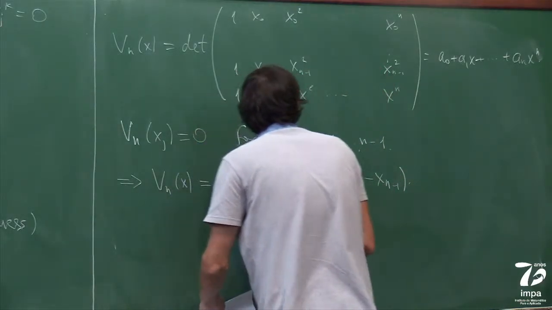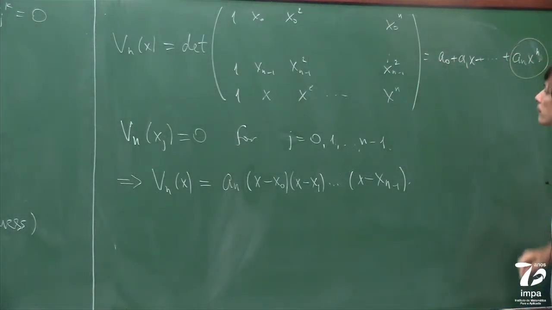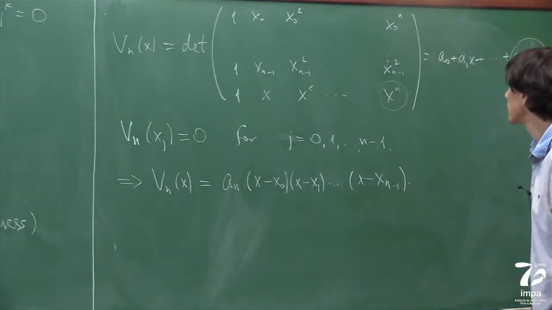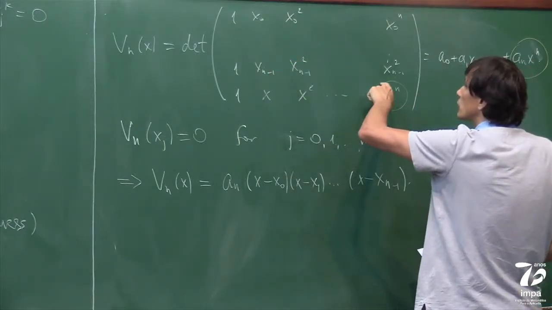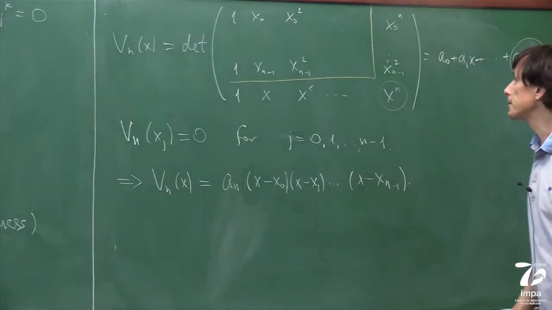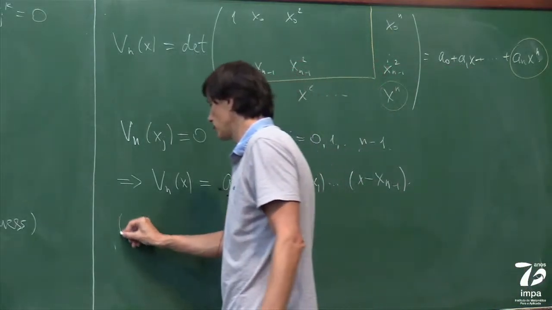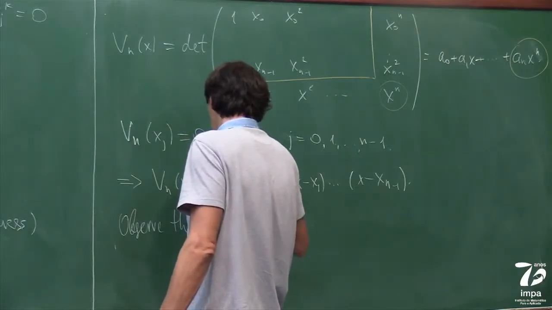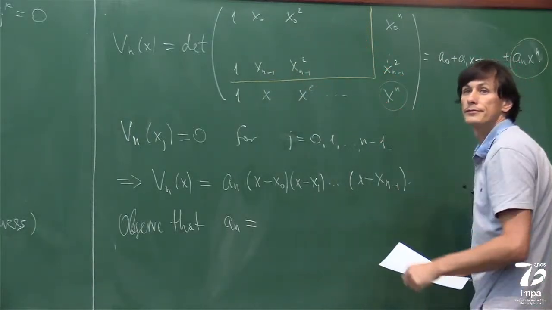But now, in order to find an, you will see that this main term only appears through this coefficient. You see, for these determinant products, it will only be affected by this matrix. So we observe that an is actually the determinant of this part.